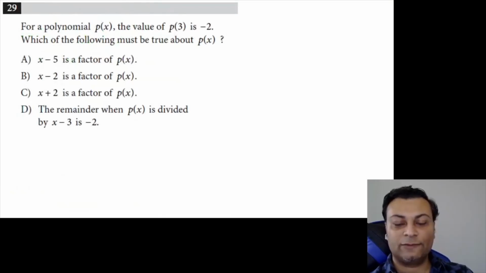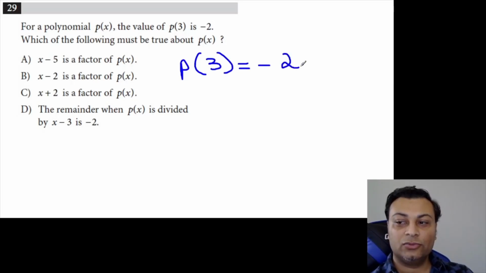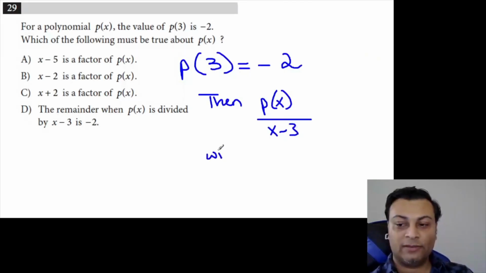Moving on to 29. For a polynomial p of x, the value of p of 3 is negative 2. Which of the following must be true about p of x? Okay, so this is the remainder theorem. It says if p of 3 is negative 2, then p of x divided by x minus 3, x minus that number, will have a remainder of p of 3.